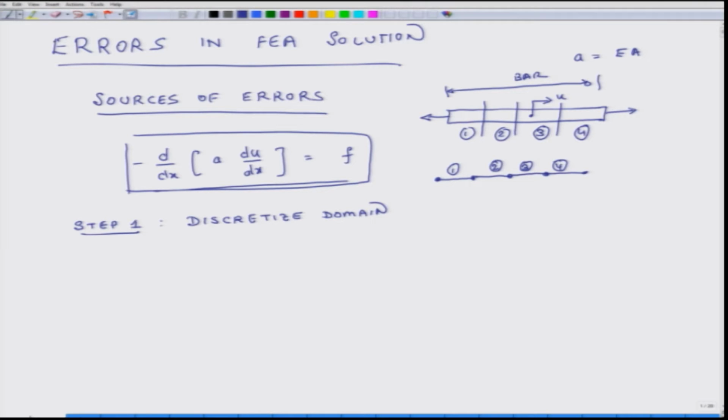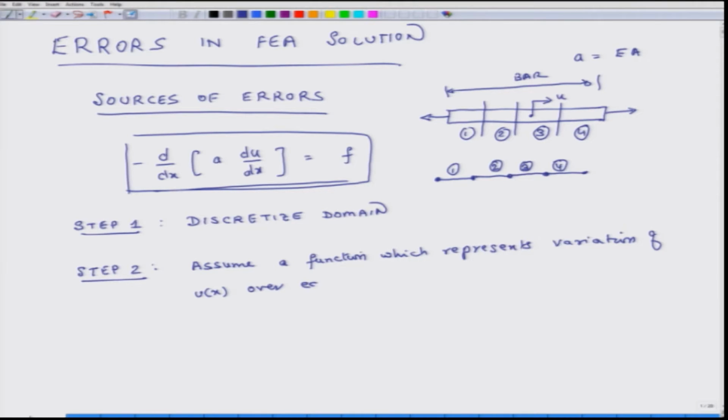Then the second step, which we discussed last week, is that once we have discretized the domain, we assume a function which represents the variation of u(x) over each element.